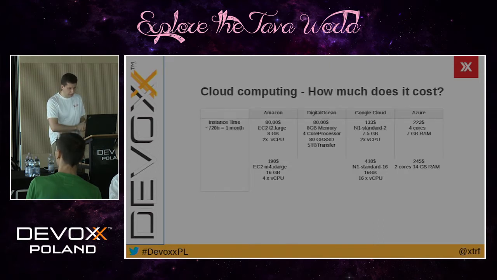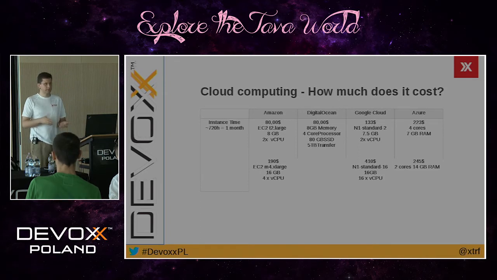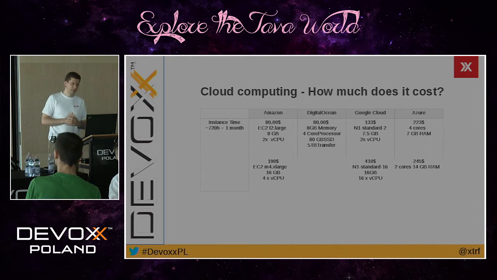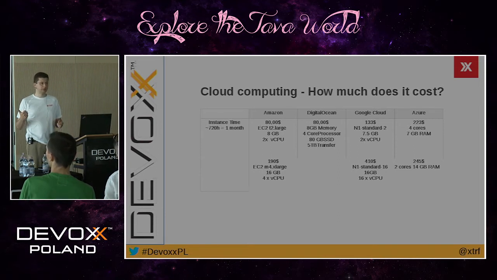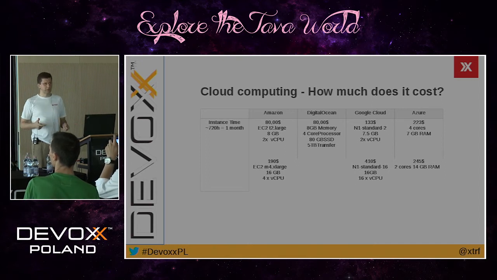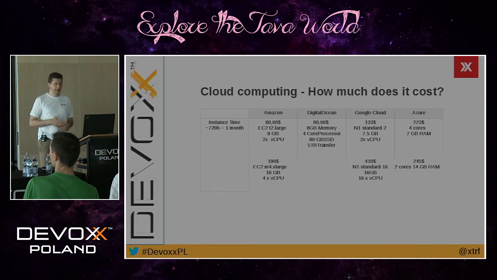So let's have a look at how much it costs to host a JVM like we have, right? So we need to find a virtual machine that will, let's say, contain an application server like JBoss that can consume up to 6 gigabytes of RAM. We need maybe a PostgreSQL database, a little bit of resources for the operating system, obviously, and these are the prices that you can find in catalogs.